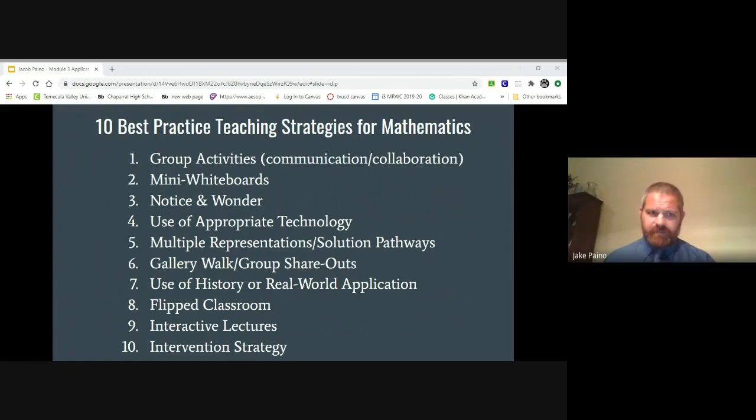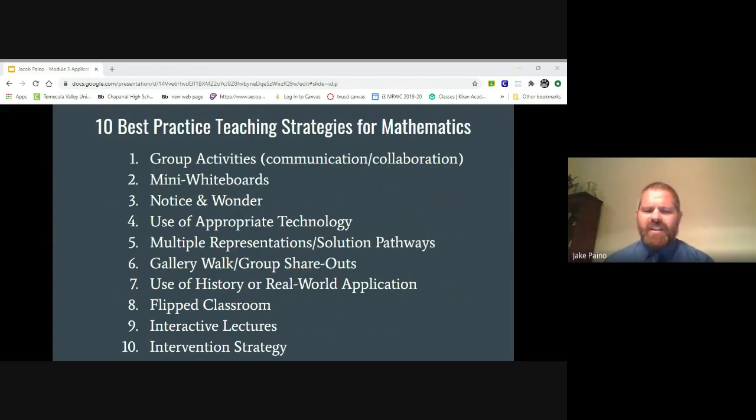The first one is group activities, followed by mini whiteboards, notice and wonder, use of appropriate technology, multiple representations or solution pathways, gallery walk or group share outs, the use of history or real world applications, a flipped classroom, interactive lessons, and intervention strategies.